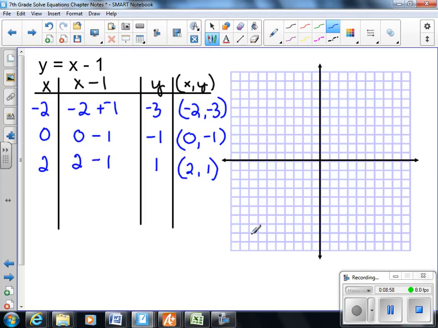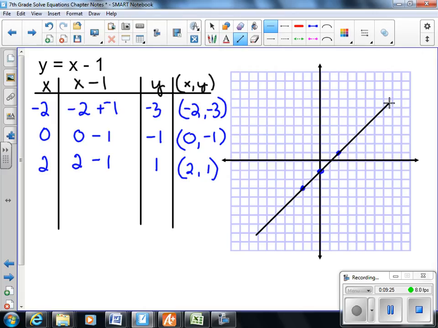Okay, now what's my next step? What am I going to do? Graph it. Okay, so I have -2, -3. Do it on your grid paper. 0, -1, and then 2, 1. Okay, and then connect them.